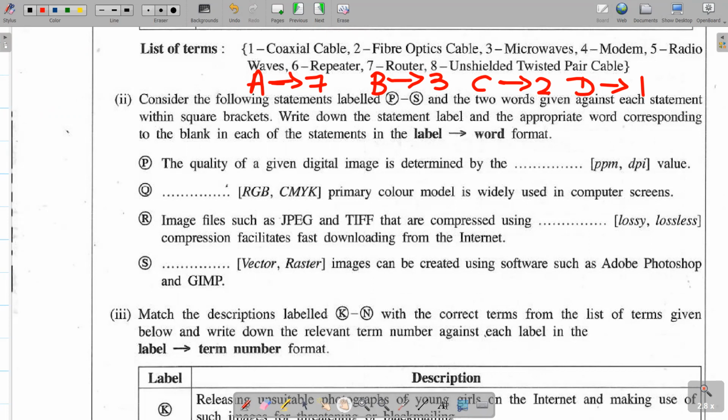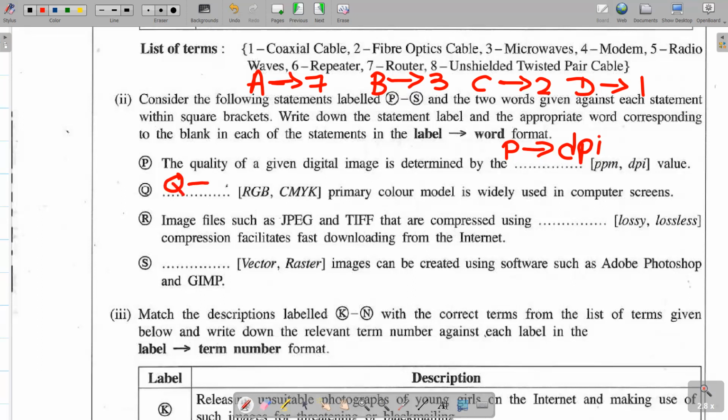So the way that they're asking is label and word. For P, it's DPI. And the statement Q says primary color model is widely used in computer screen. In computer screen, you are using RGB, red, green, and blue.